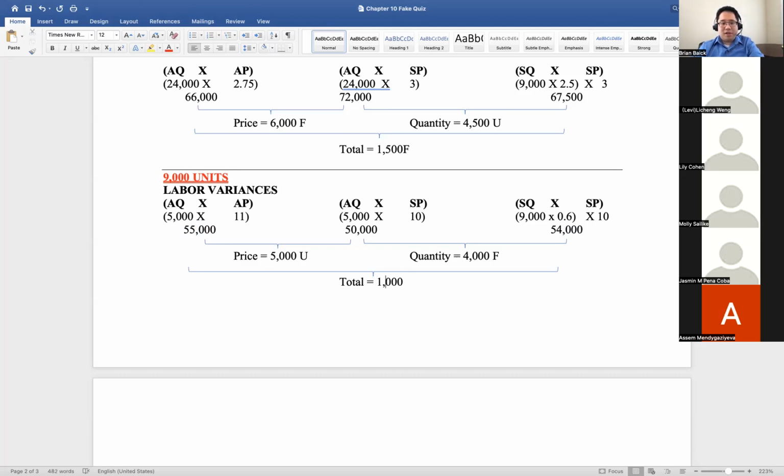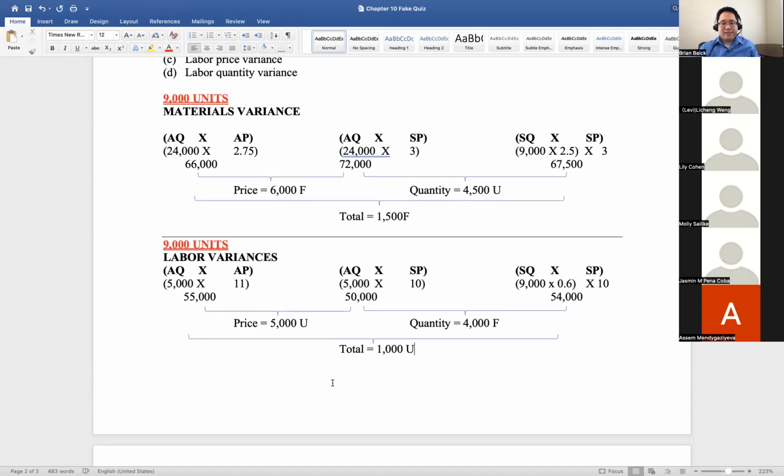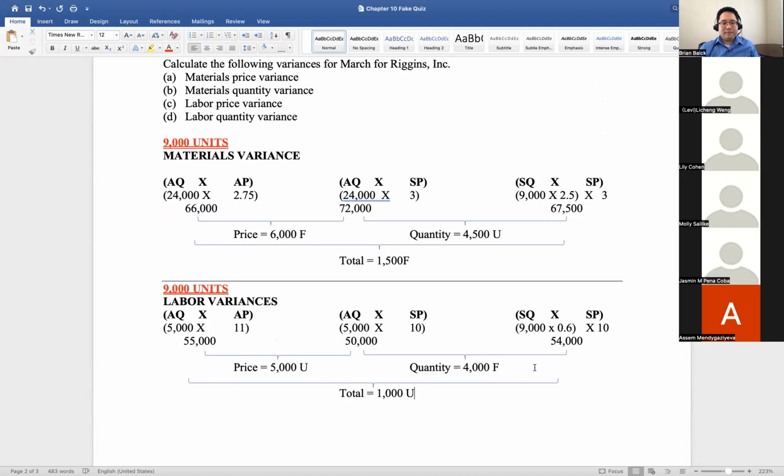No need to put the plus. Somebody in the other class put plus. Just put the number. If it's positive, it's unfavorable. Positive means more cost. More cost is not good. All right, that's the answer. Anybody have any questions on this?